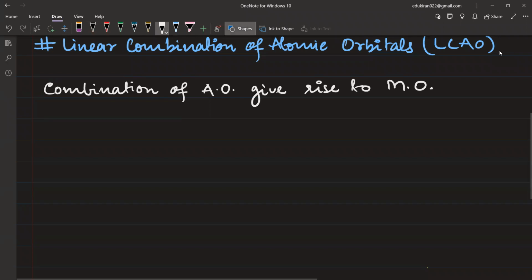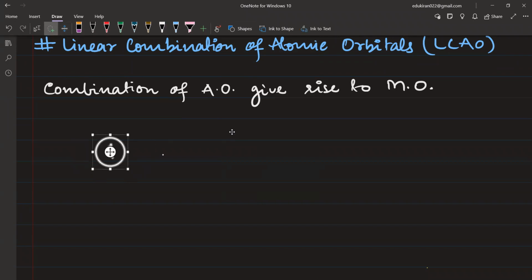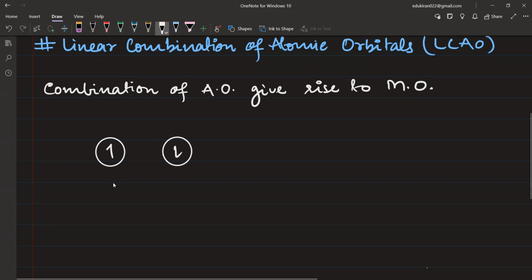Now, if I'm going to take this very simplest case of the s orbital, which is having one electron like this, and there is also one more s orbital, which is having another electron. Okay, now when we are going to add both of these things, theoretically speaking, two things can happen.